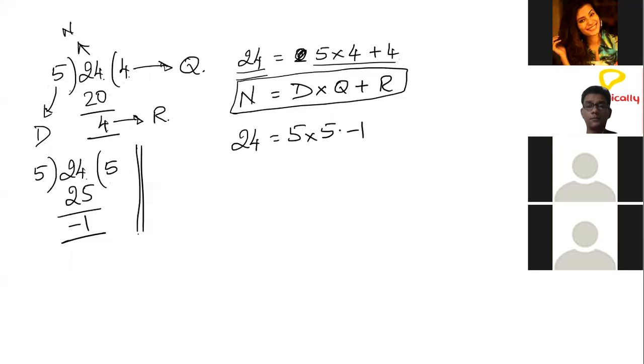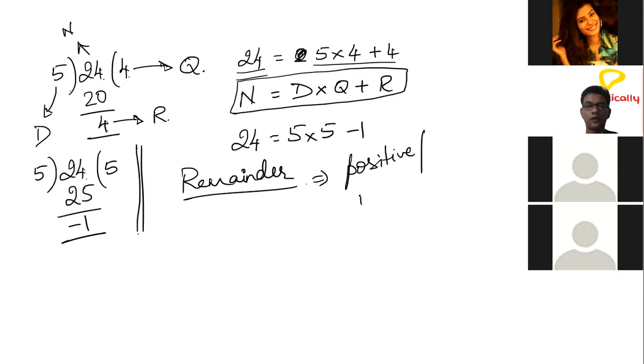Okay, which brings us to one of the most important concepts, that a remainder, when you find it, can either be positive or it can also be negative.